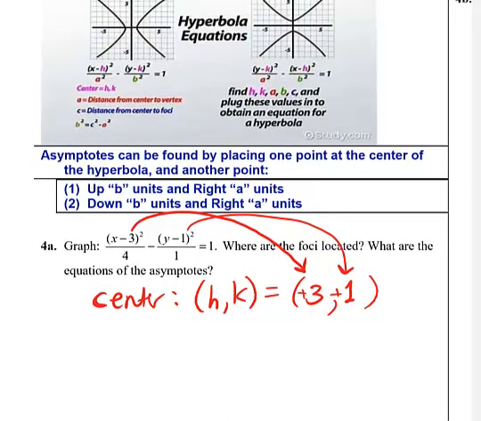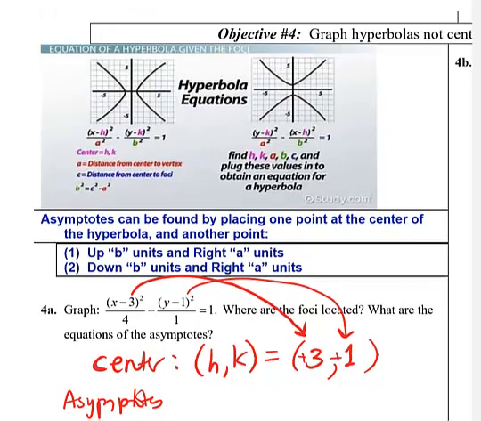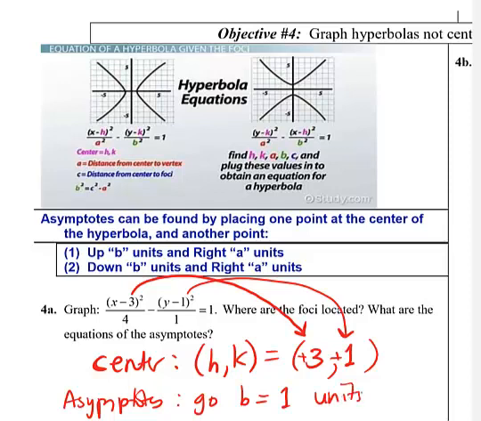Let's see, so the asymptotes, as it describes up there, can be found by placing one point at the center of the hyperbola and another point b units right, which is 1 in this case, because that's the square root of the number below y, and then a is the square root of the number below x, 2 units down, and that's from the center.